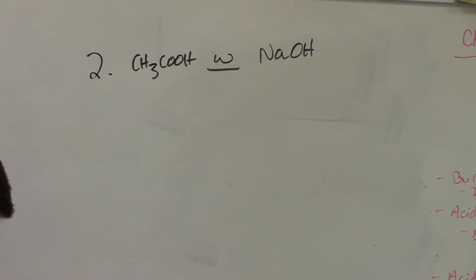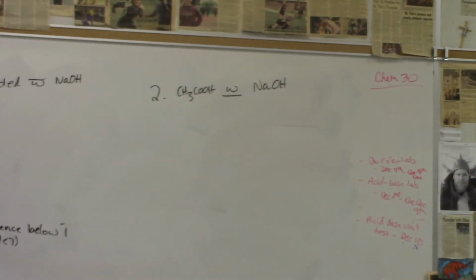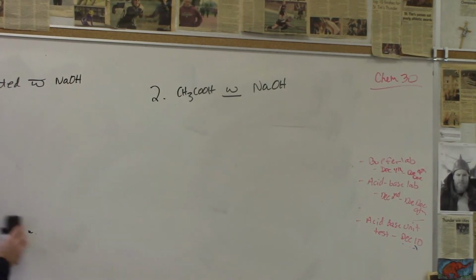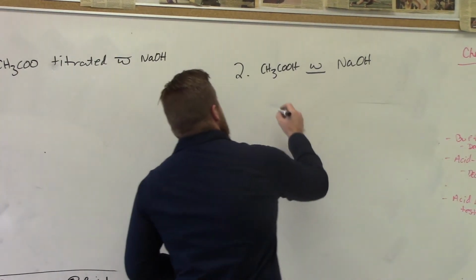I'm actually just going to leave this graph up. So this will be with NaOH this time. And I'm going to have to erase this. Okay, so what do we have?